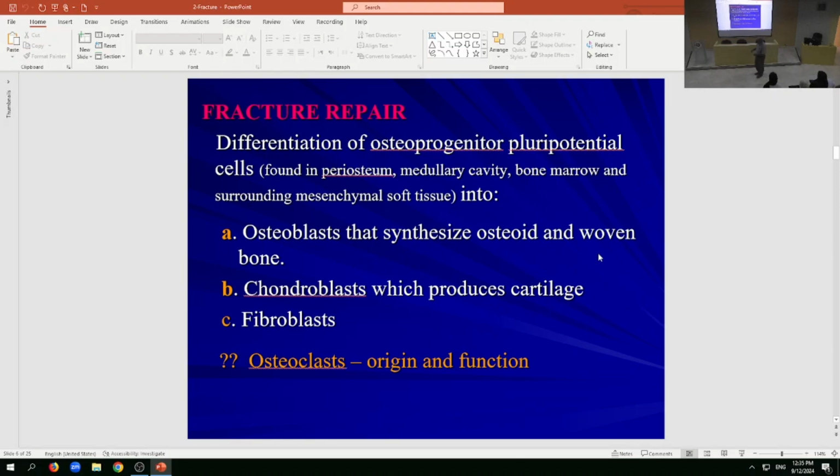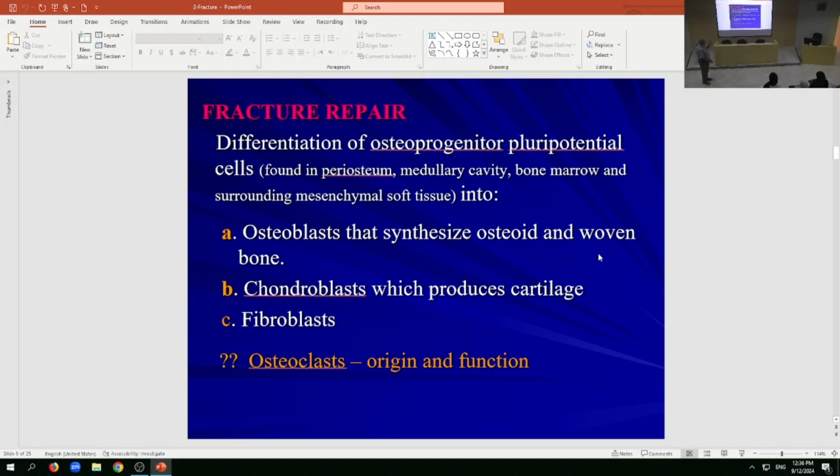Cells capable of producing bone. We're talking about bone, so what are the cells that produce the bone? There are the so-called osteoprogenitor cells. Osteoprogenitor or pluripotential, it's the same. Or even stem cells. These are cells capable of differentiating, that is maturing, according to the need of the body into several lines.